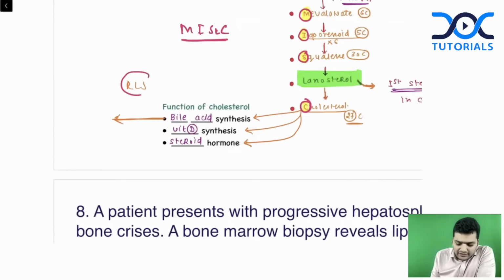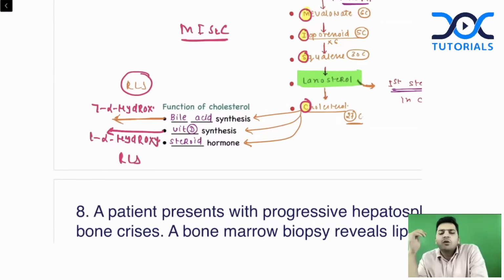To make the bile acid, the rate limiting enzyme is 7 alpha hydroxylase. But when you are making vitamin D, what is the rate limiting enzyme? It is going to be 1 alpha hydroxylase. Right? So this is how the cholesterol can convert into bile acid and vitamin D with the help of the hydroxylase enzymes, 7 alpha and 1 alpha.